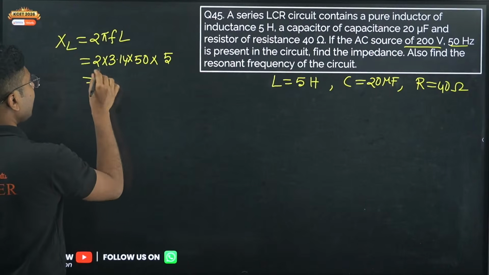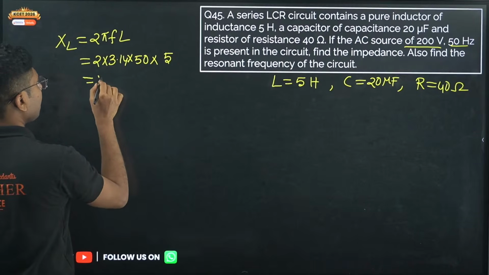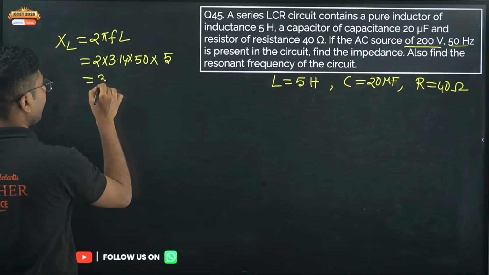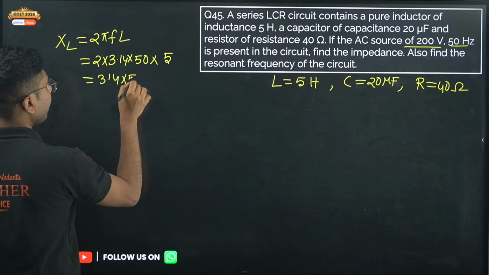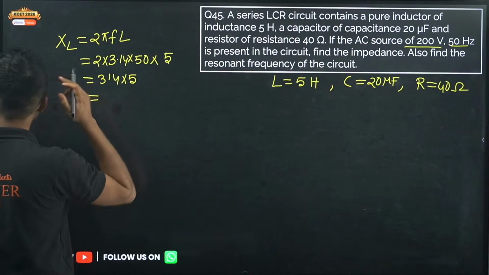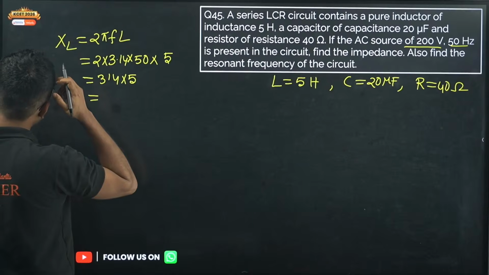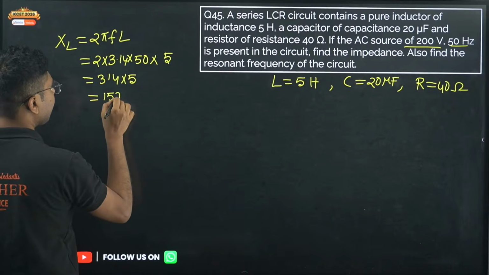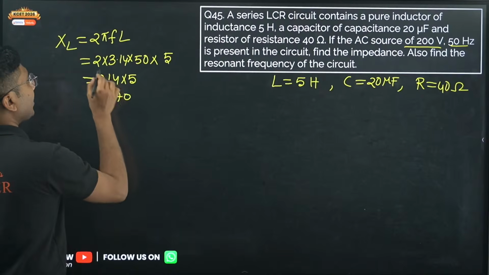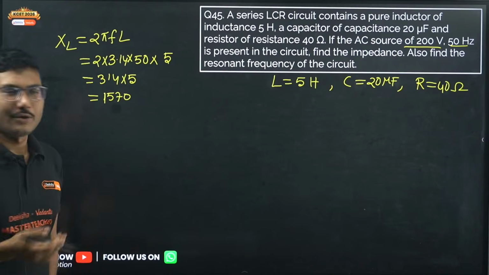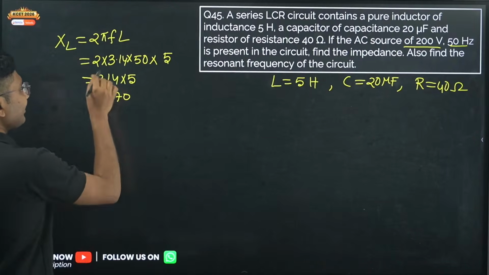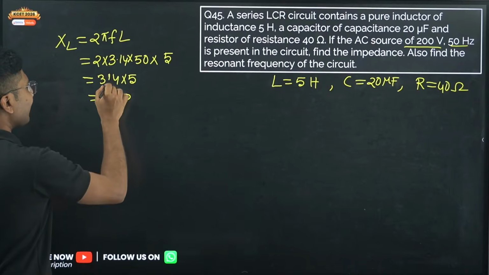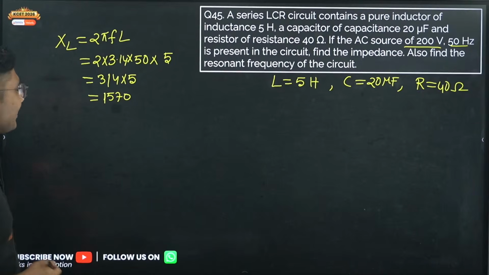So you get 314 into 5, that is 1570. You can use your calculator, you don't need to know how I have achieved this. Use your calculator and calculate it. You will get 1570.